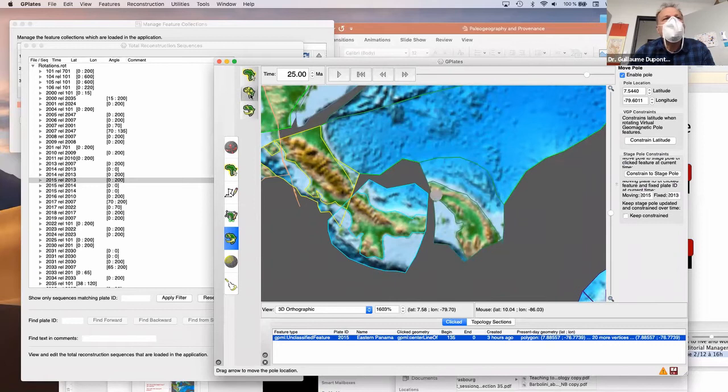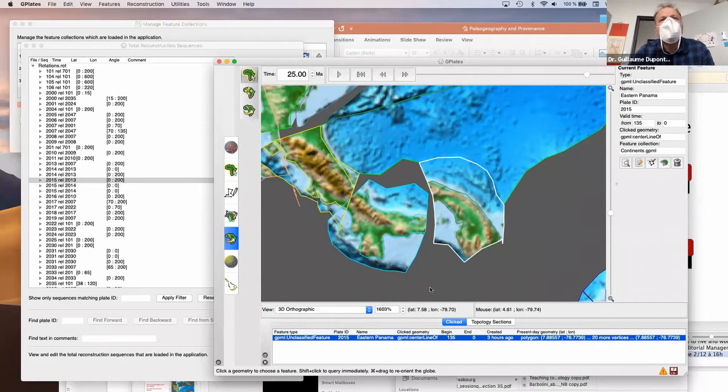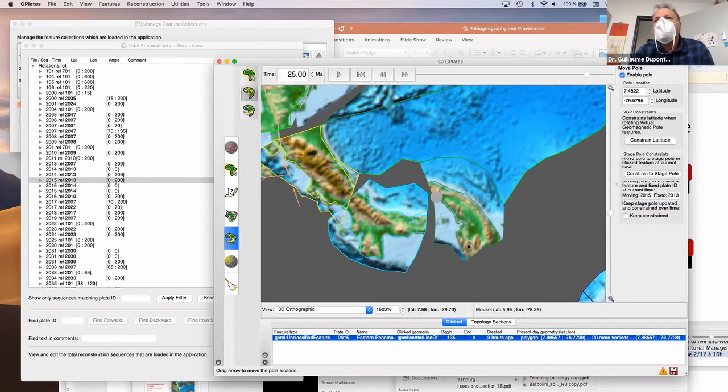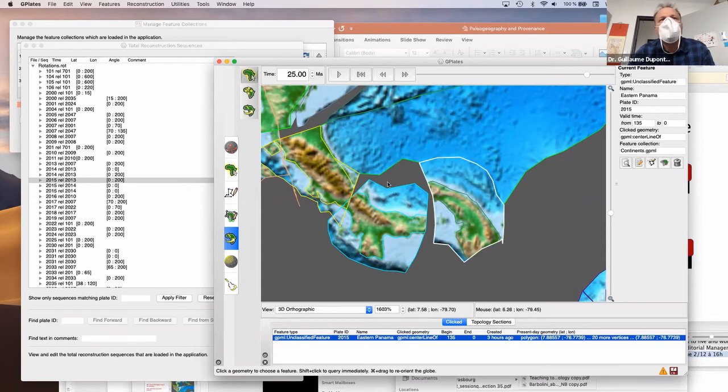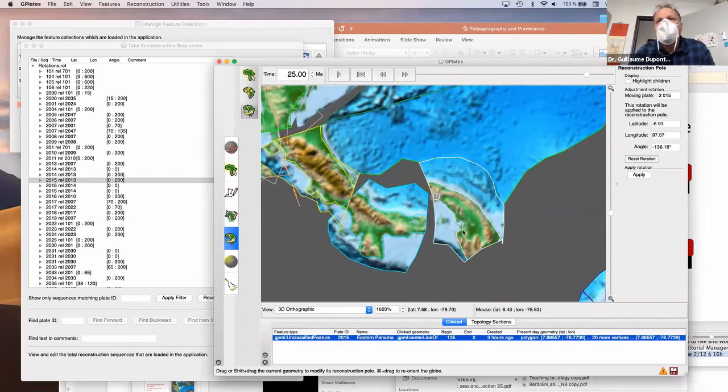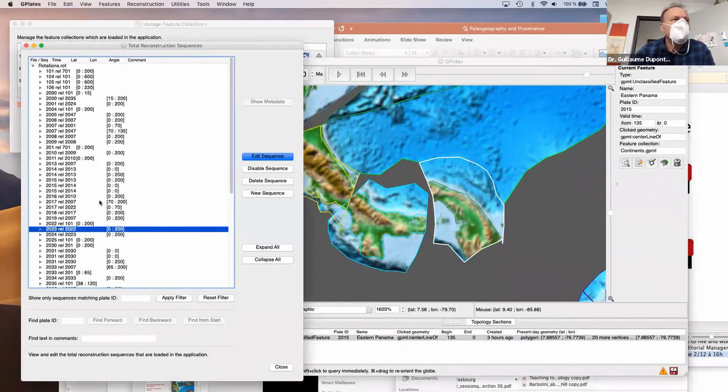Alors, attends, I'm having a small issue here. So this is a pole. I select the right plate. Okay, I know, probably it's because you just made a change to 2015. Maybe I need to change the other file. Yeah, because it's using an old pole. You need to go into the rotation file somehow.